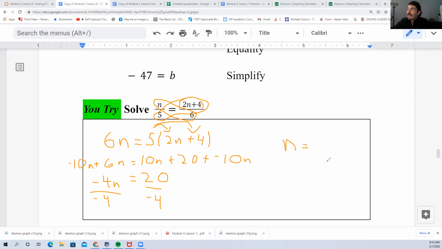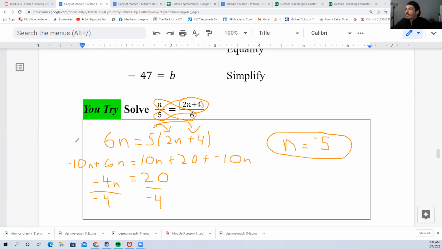And then 20 divided by negative 4. 20 divided by 4 is 5. And then a positive divided by a negative is a negative. It doesn't matter the size of the number that we're working with, but if you have one number that's negative and one number that's positive in multiplication and division, you'll always end up with a negative. So the rules are a little different than when we're adding and subtracting. We're referring back to module 1 now.